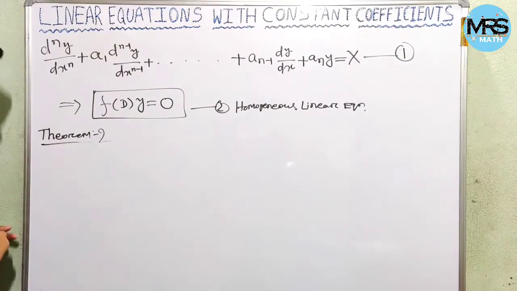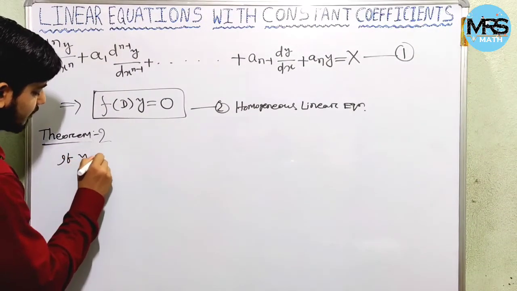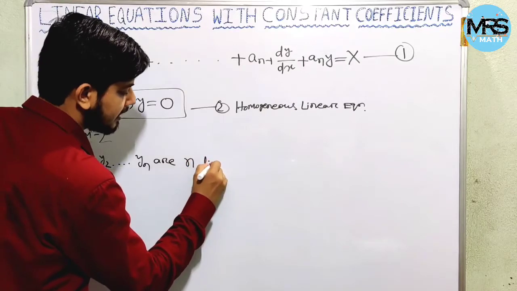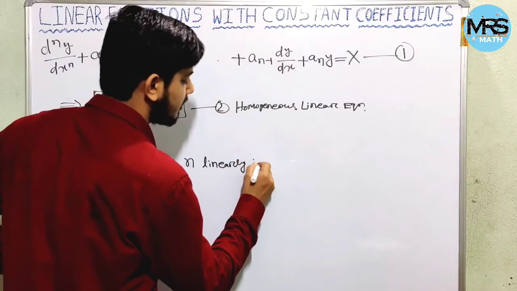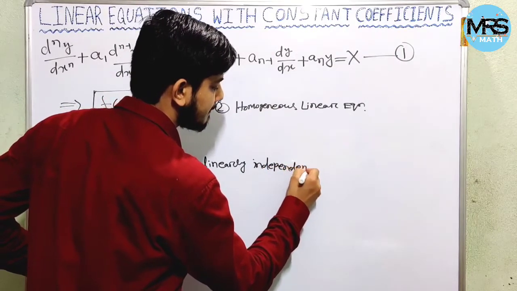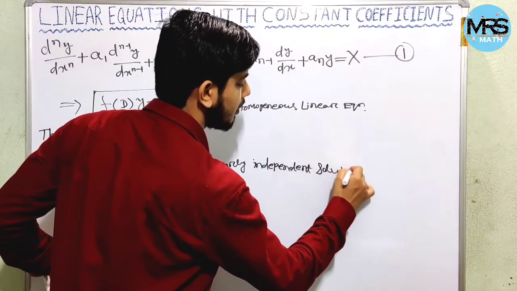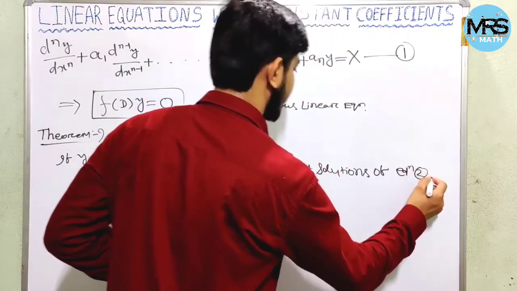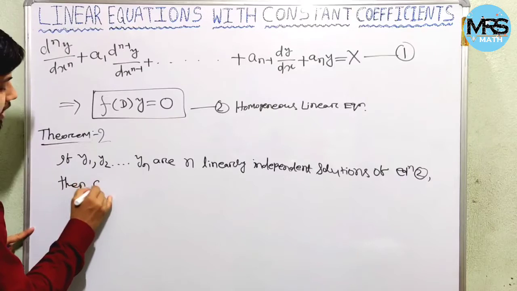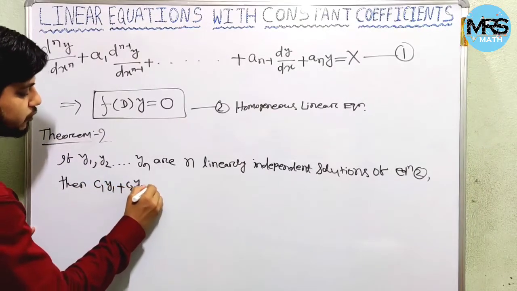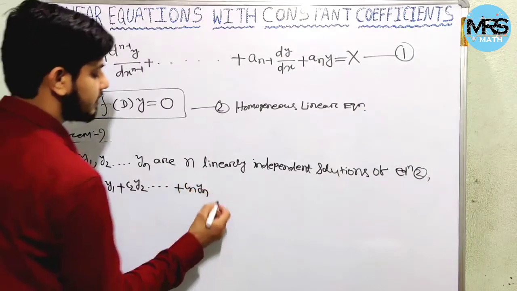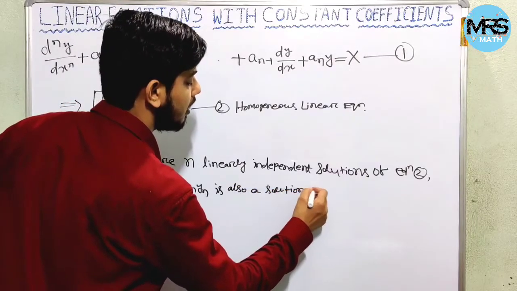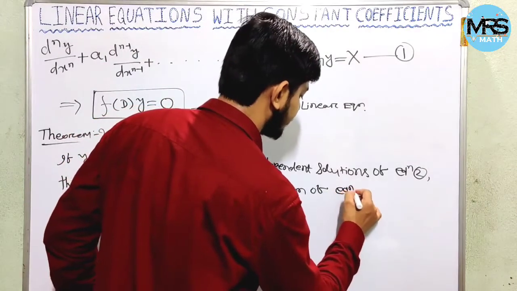Theorem 2 says that if y1, y2 up to yn are n linearly independent solutions of equation 2, then the linear combination c1 y1 plus c2 y2 up to cn yn is also a solution of equation 2.